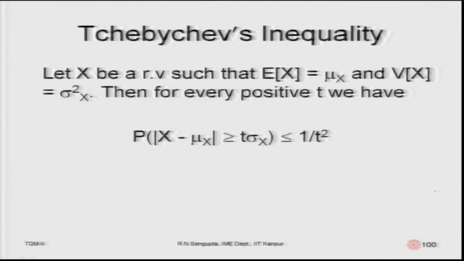Now, let x be a random variable, which is Chebyshev's inequality. Let x be a random variable such that the expected value, which is the first moment, and the variance, which is the second moment, exist. And then for every positive t, and it does not mention anything about whether it is a positive random variable or a positive negative random variable, the probability that the difference between x and its mean is greater than or equal to some constant times the standard deviation is always less than or equal to 1 by the square of that constant.